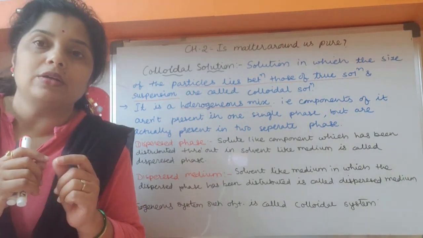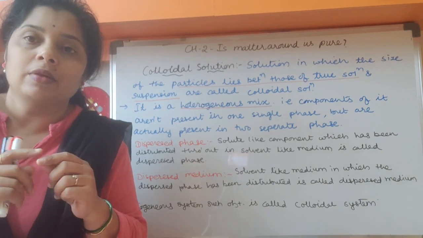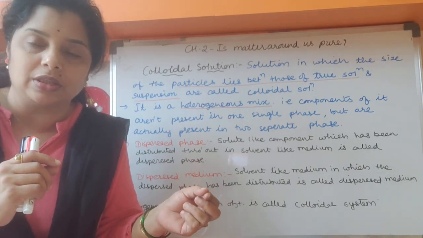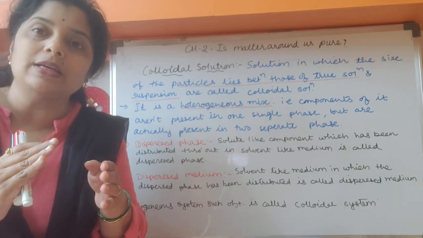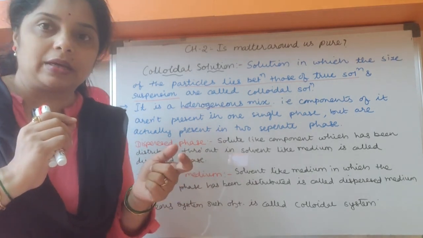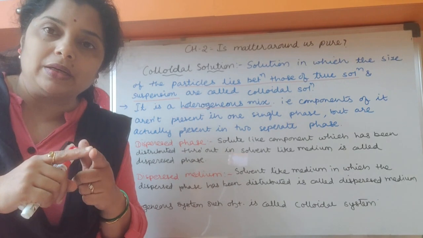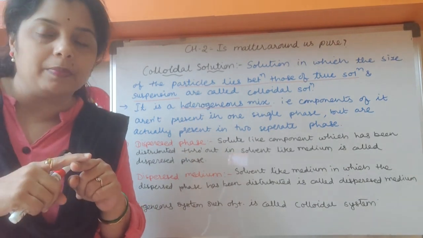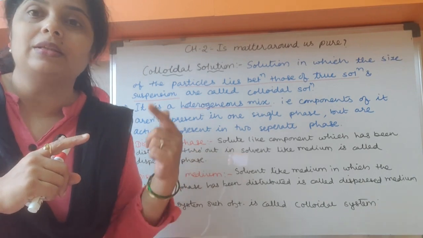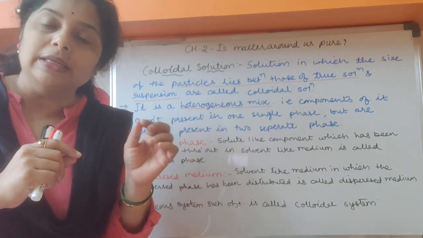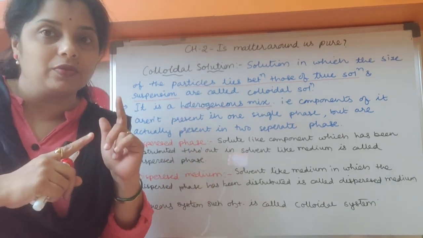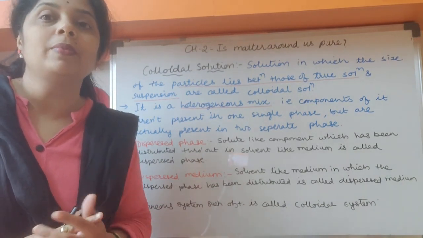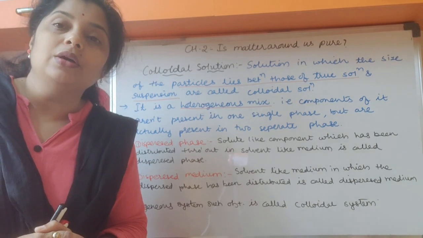The particle size of a true solution is less than 1 nm and of a suspension greater than 100 nm. So in short, the particle size of a colloidal solution lies between 1 nanometer and 100 nanometer.